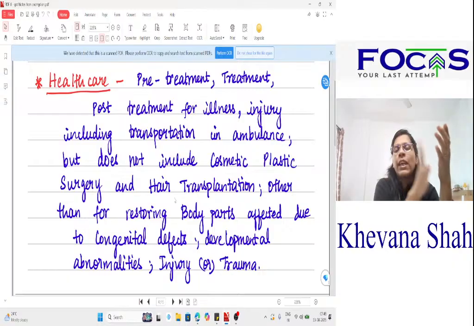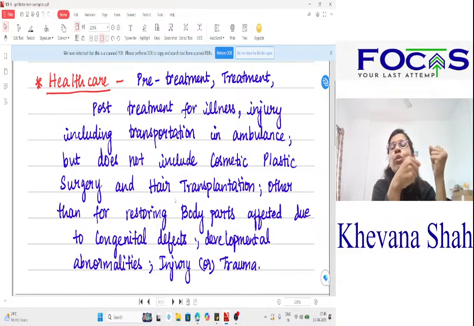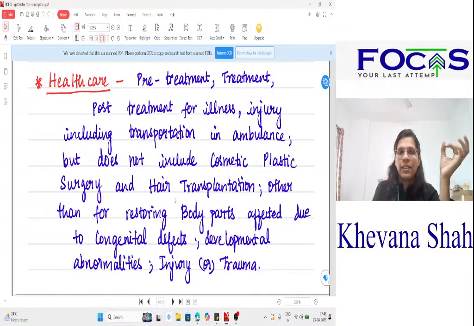But if the surgery is necessary for restoring your body parts, or if the surgery is helping you to regain your functional things, then in that case it will be treated as healthcare.